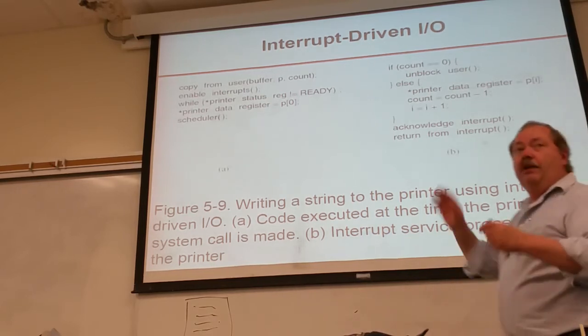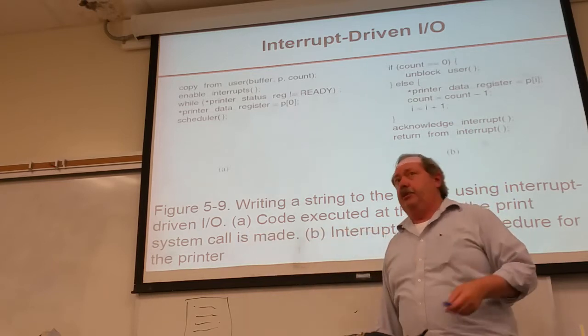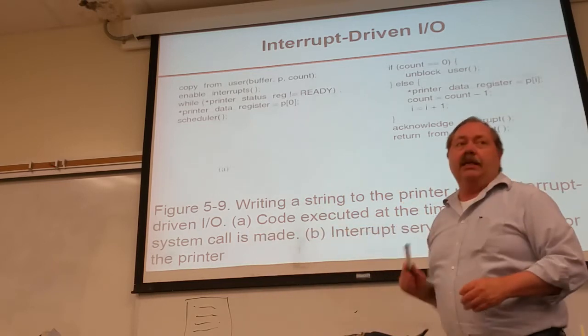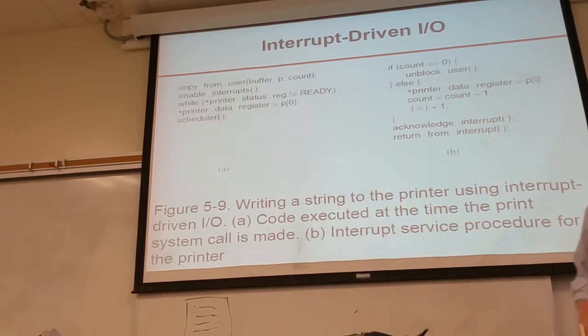I may want to have one of my other sibling processes interrupt me. Every interrupt can interrupt me because I want to know when this I/O device is done. That's why I want to enable interrupts.